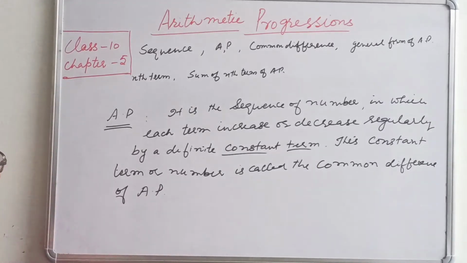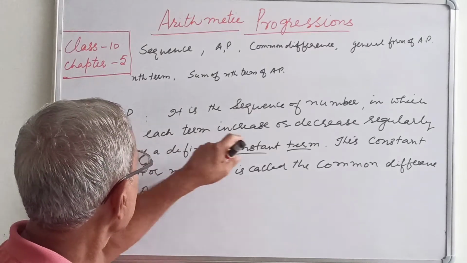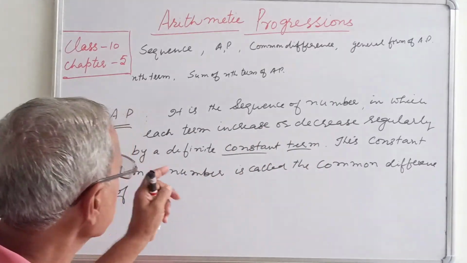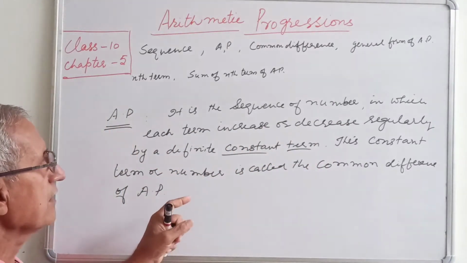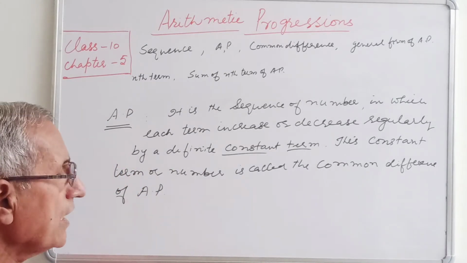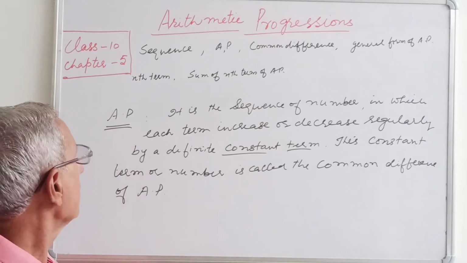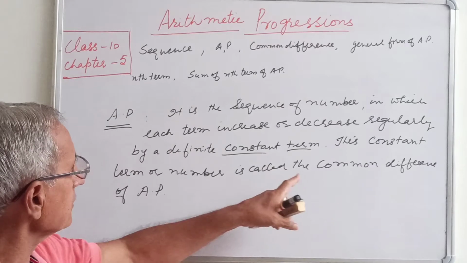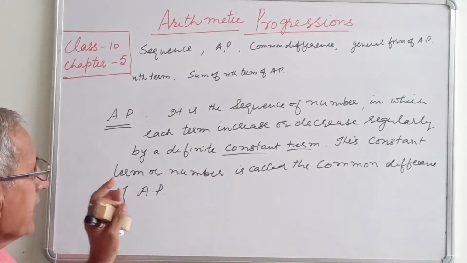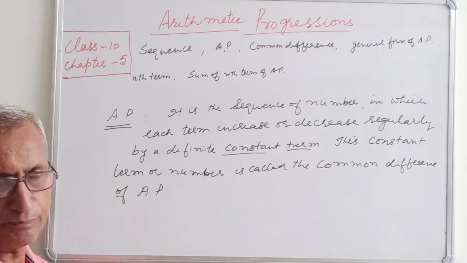In other words, an arithmetic progression is an arrangement of numbers in such a way where the first term is given, and each term is obtained by adding a definite constant term to the preceding term.